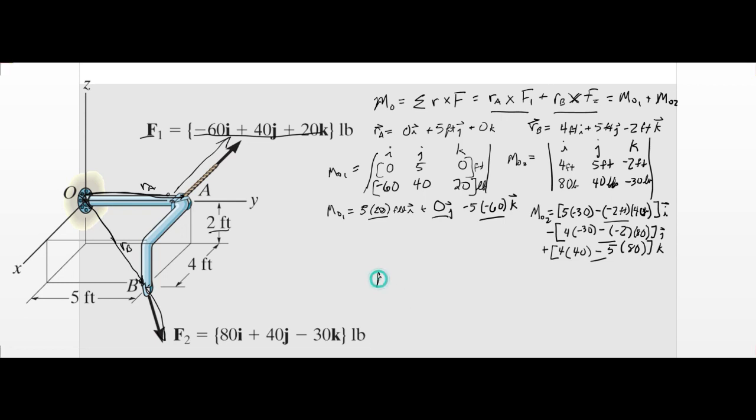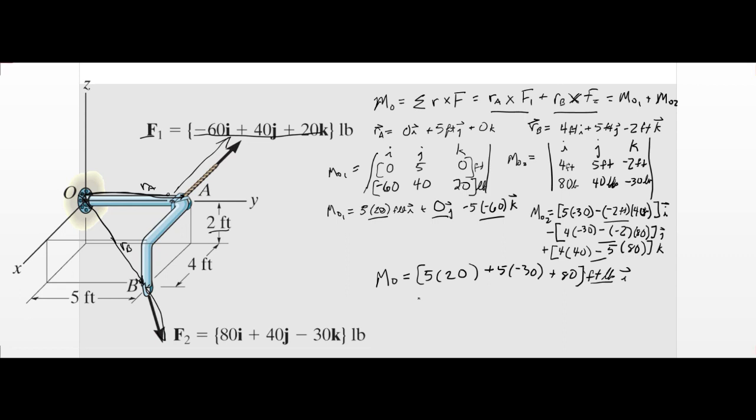So then MO is 5 times 20 plus 5 times minus 30 plus 80. And we need to make sure we keep up with everything, but this is all in foot pounds. And this is an easy way: just put everything in brackets, put your units at the end, and then this is in the I axis.